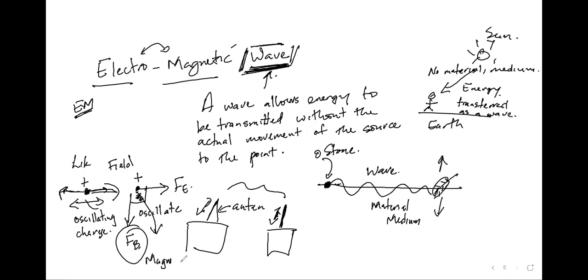And the magnetic field and the electric field are perpendicular to each other. Now, I'm trying to put a context to this. If the magnetic field is perpendicular to the electric field, then remember that we have been saying that the cross product gives you a vector that is perpendicular.